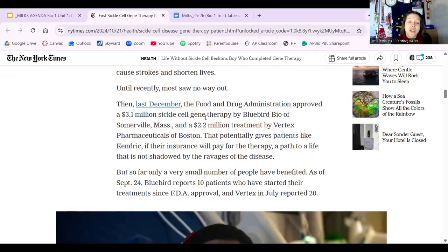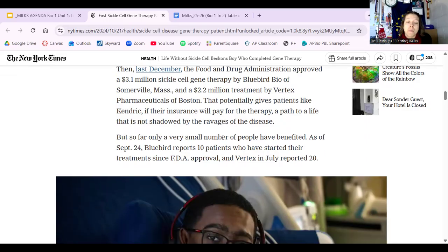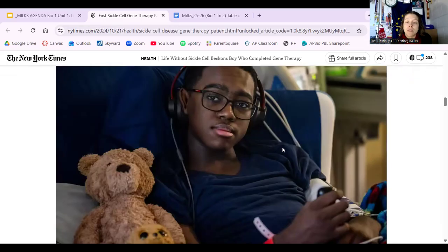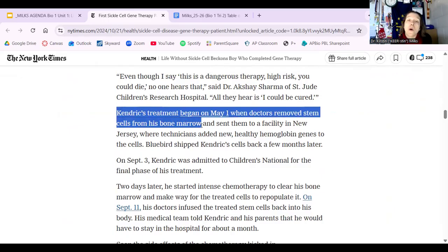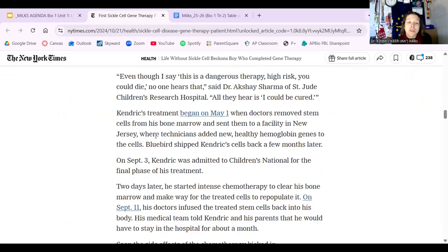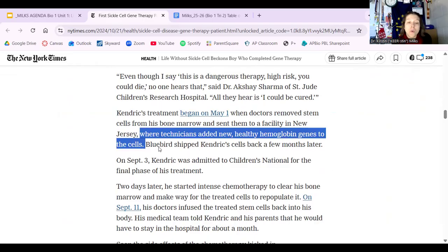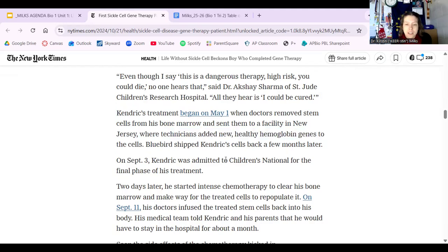And then last year, it turns out that people have been treated, and Kendrick was the first one. So what does the treatment look like? He went to the hospital. His doctors removed stem cells from his bone marrow, and they sent them to New Jersey, where technicians added new healthy hemoglobin genes, and then the cells came back to the hospital.